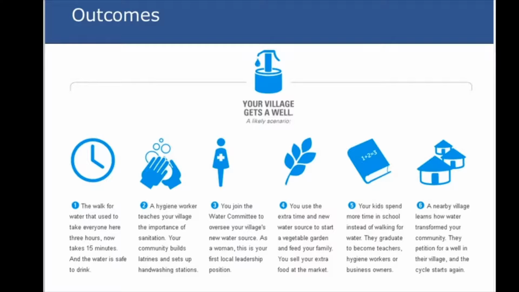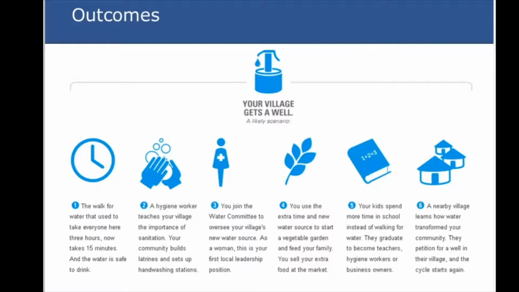In the first one here, they say that once there's water in a village, the 3-hour walk that somebody would normally have to make to get water is changed into a 15-minute walk, which you could say is an outcome. But it's output in the sense that there's no discussion of what the reduction of time it takes to get water does for that person or for that community. So again, I'm hoping this example clarifies that distinction.